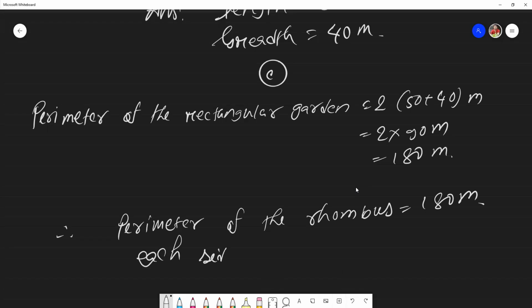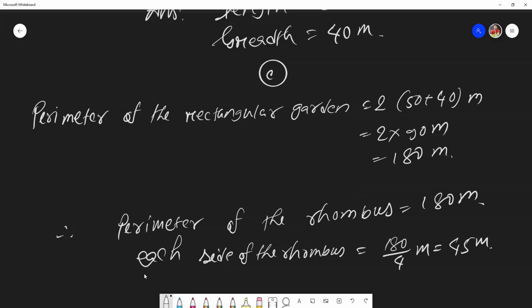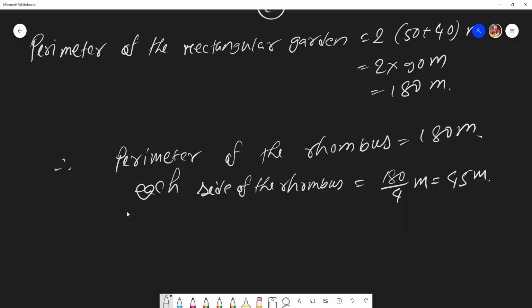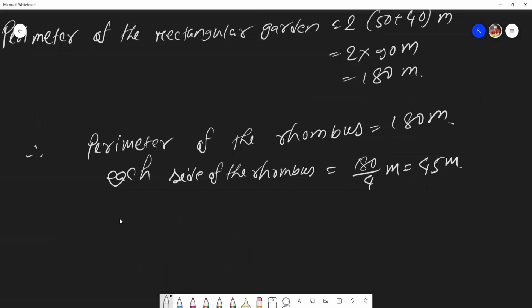Each side of the rhombus, 180 divided by 4 meter, 45 meter. So this is up to this, okay?